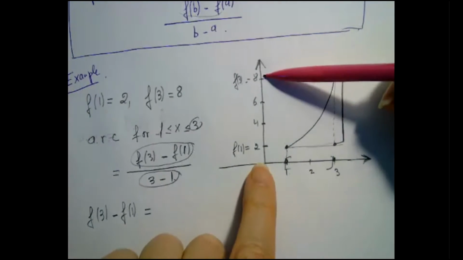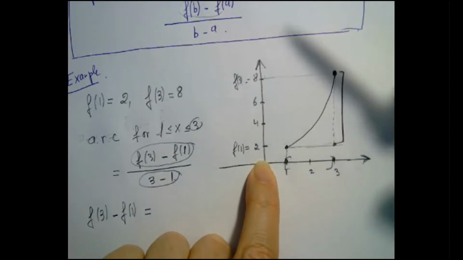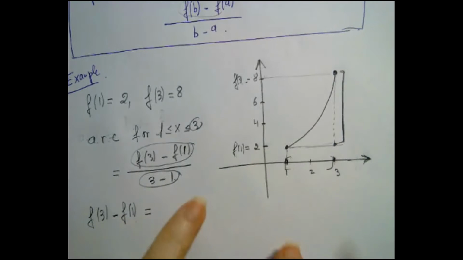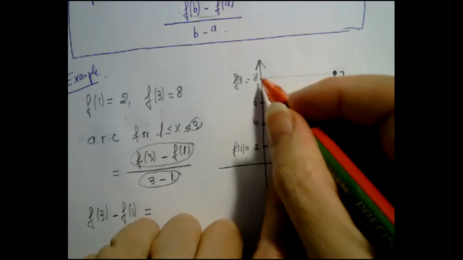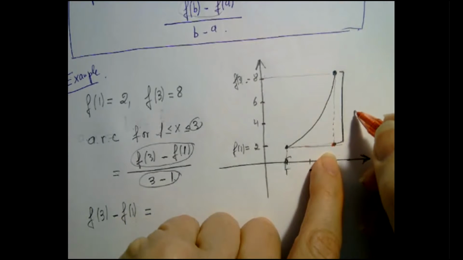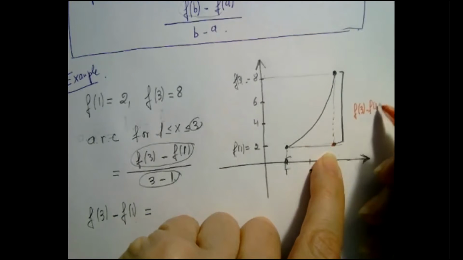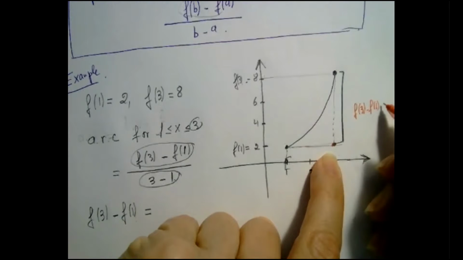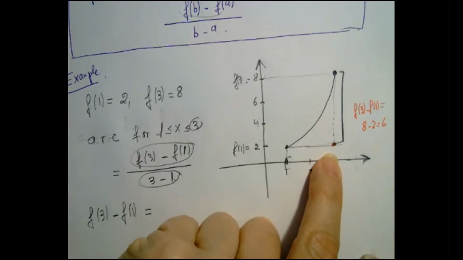The 8 minus the 2 tells me how much the function changed, which is 6.